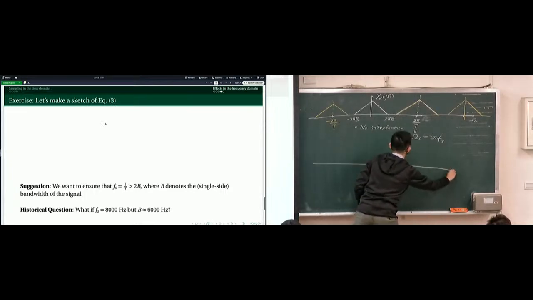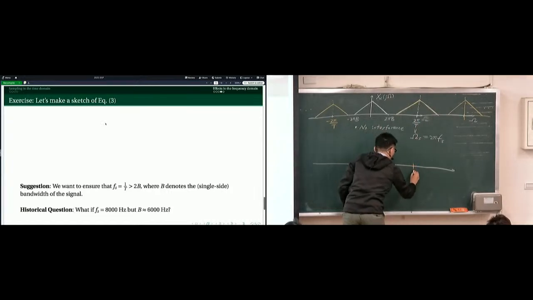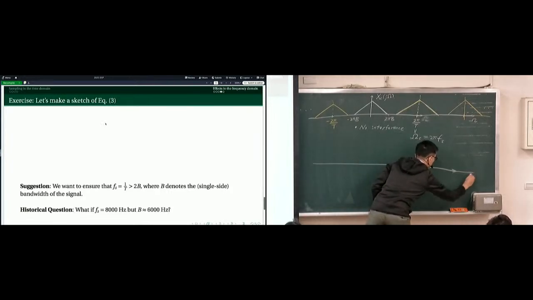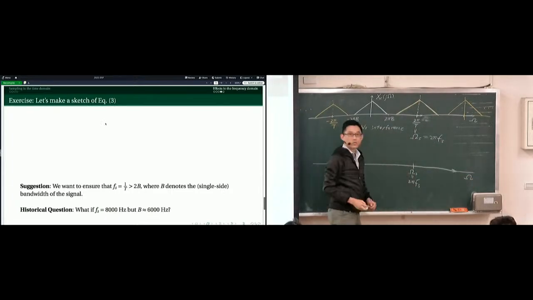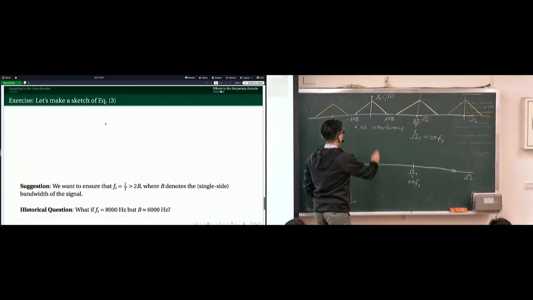But let's look at another case. What if now the sampling rate is still right here, omega s equals 2 pi times the sampling rate, depending on whether your unit is radians per second or hertz. DC right here, zero frequency.